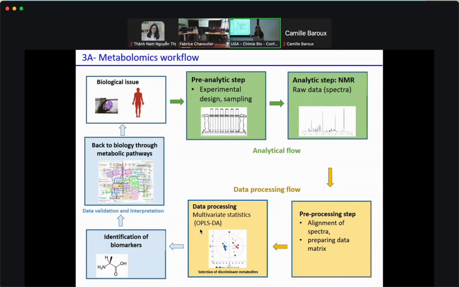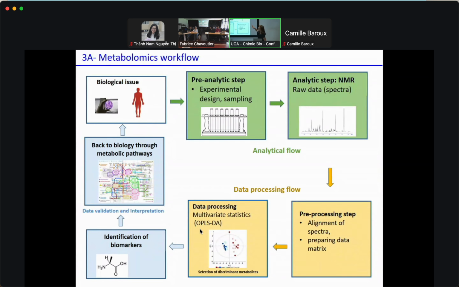There are a lot of different samples which can be used, as I said before. All the fluids are studied, saliva, and very different fluids, as well as organelles, like of course mitochondria, embryos, etc. So the first point is to choose the good sample which will give you the most relevant information.